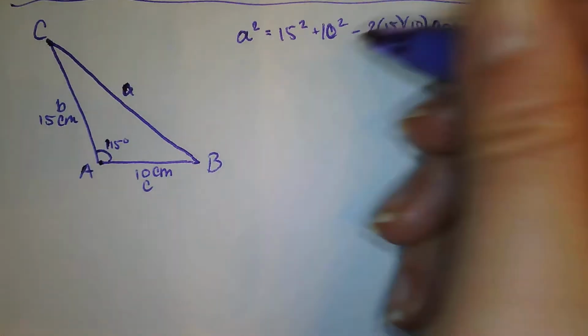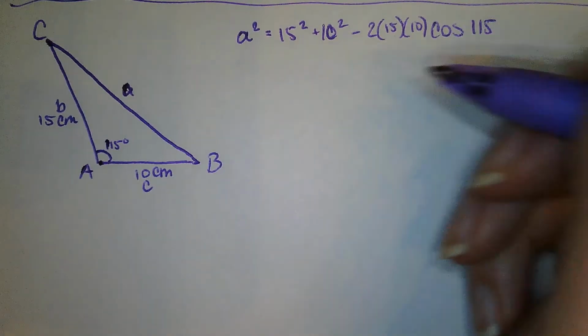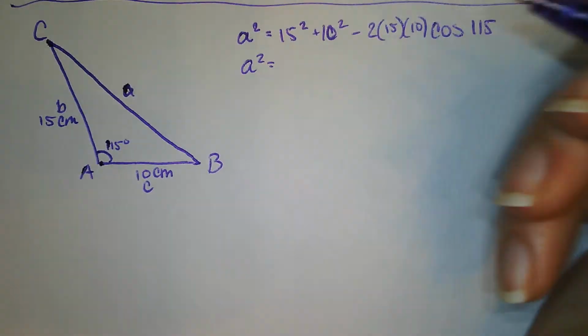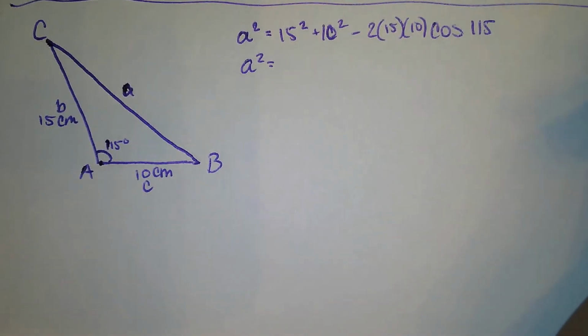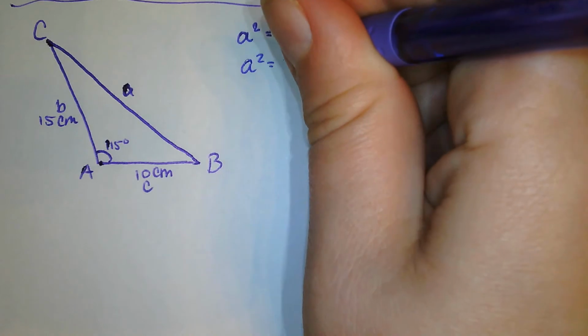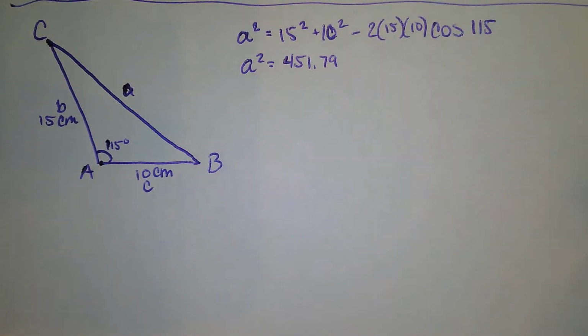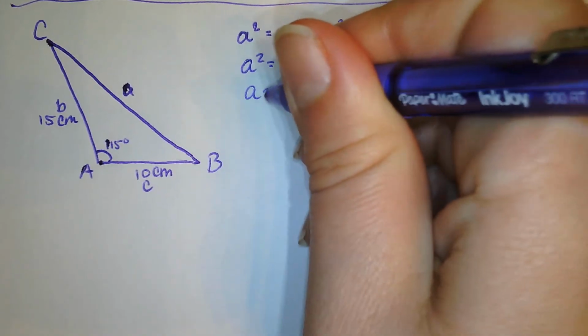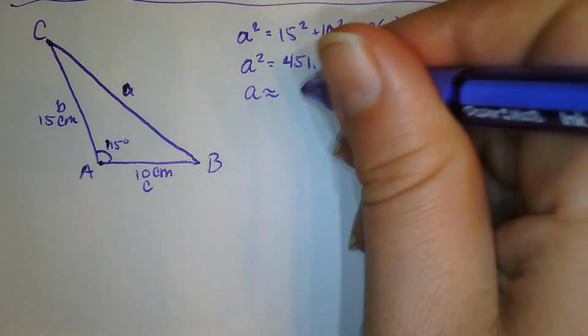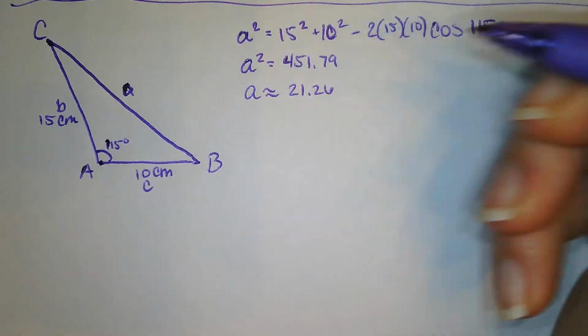You're just typing that into a calculator and getting your answer. A squared is going to equal 451.79. And then, of course, square root both sides, and we're going to get A is about equal to 21.26.